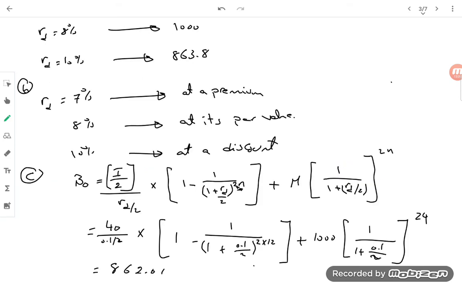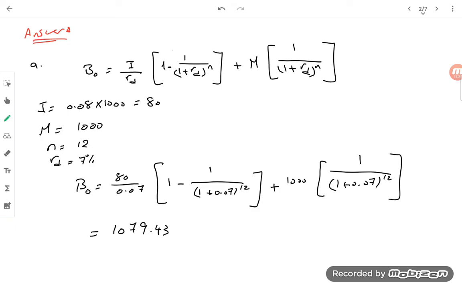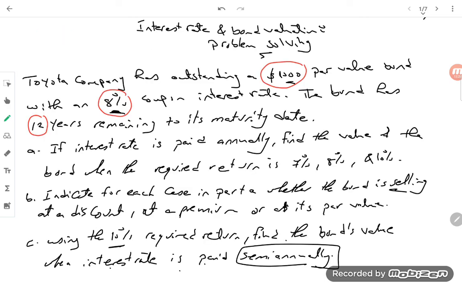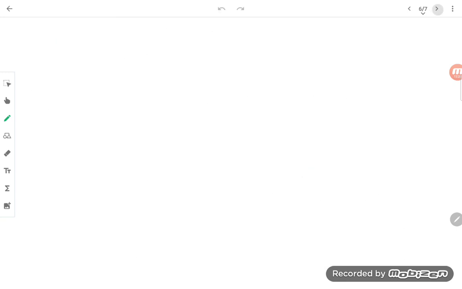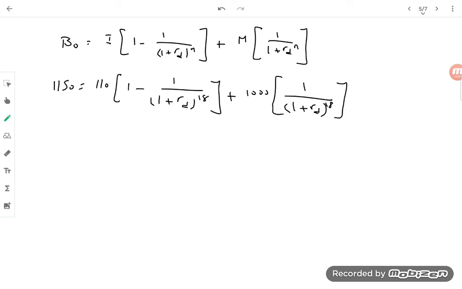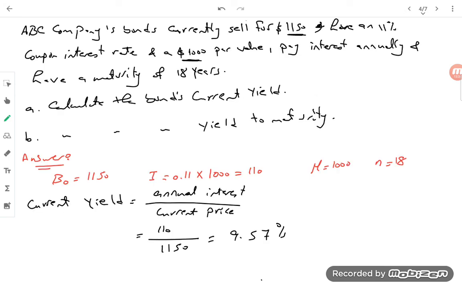Returning back to our previous example, when selling price is greater than the par value, the required return is lower than the coupon interest. So we have to try a number that is lower than the coupon interest. Coupon interest in this case is 11%. So we have to try 10 or 9, something like that.